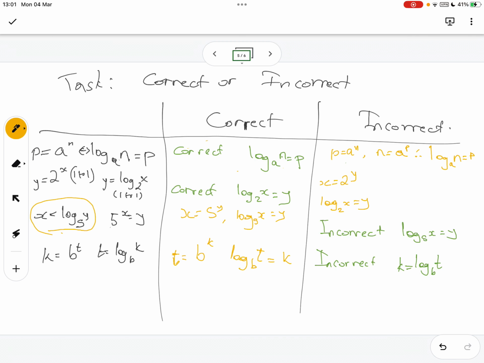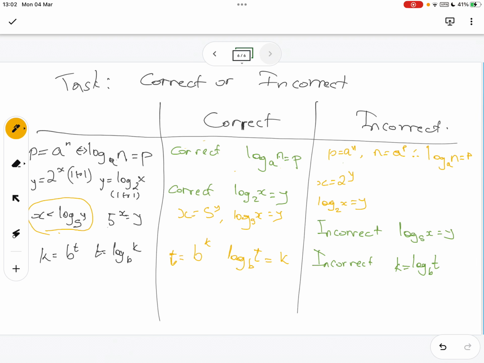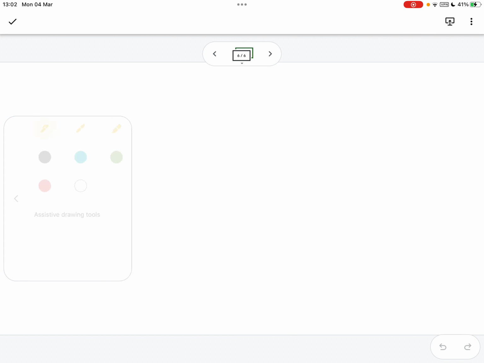Base b equals k. Hold up. Oh, okay. So the last two are incorrect and the first two are correct.